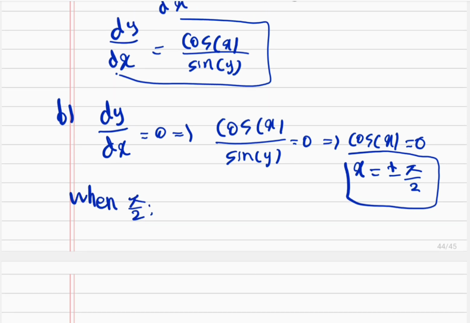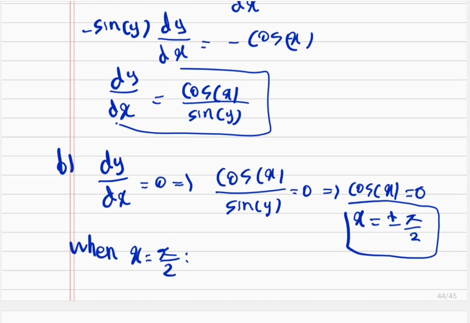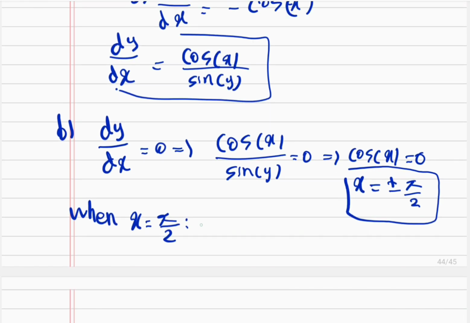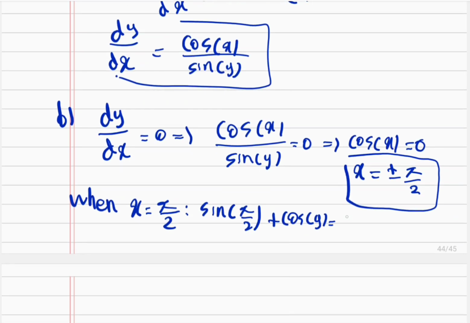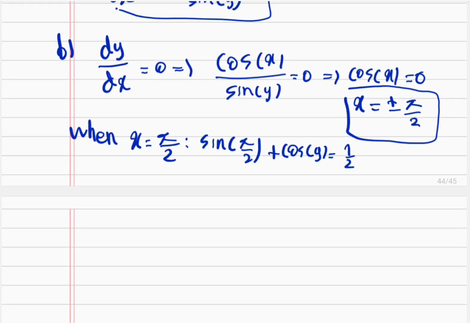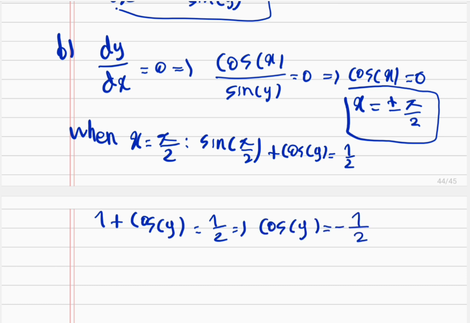So when x is pi over 2, sin x is sin pi over 2, which is 1, plus cos y is equal to a half. So we get 1 plus cos y is equal to a half, which means cos y is equal to minus a half.